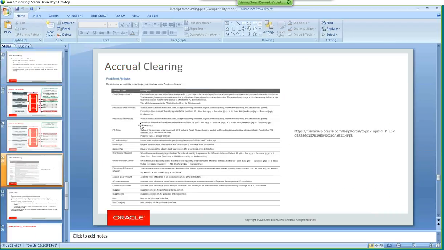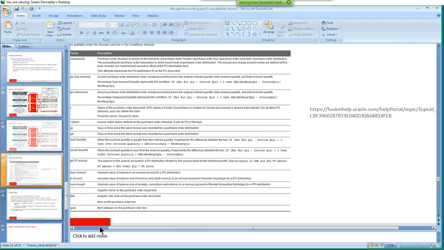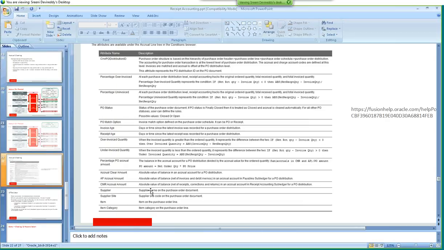So if in your conditions you said if supplier equal to this and quantity under invoiced equal to 50, only then knock off. So you can make the rules applicable to a particular supplier, a particular item, against these attributes.